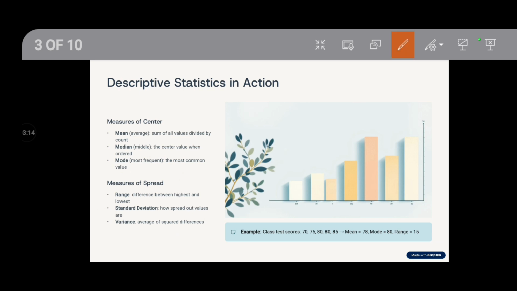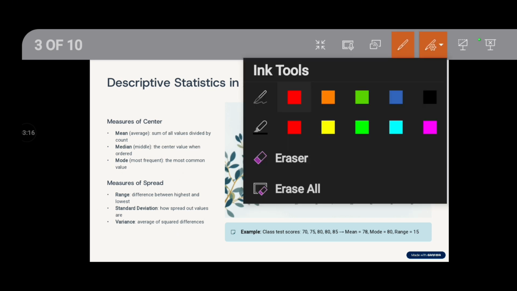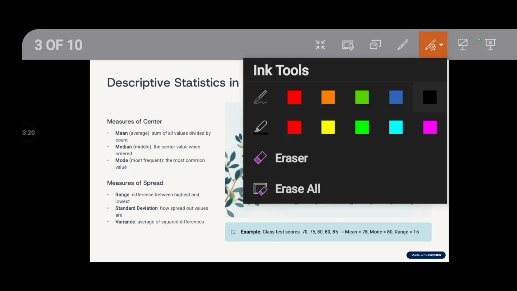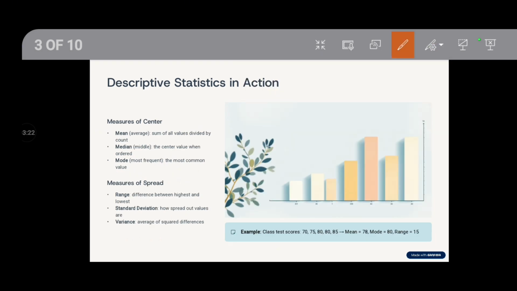So let's say we have data like 1, 2, 3, 4 and 5. If we have to find the mean, this is a very basic concept, but if you don't know it, it's totally fine. It is a very simple thing.